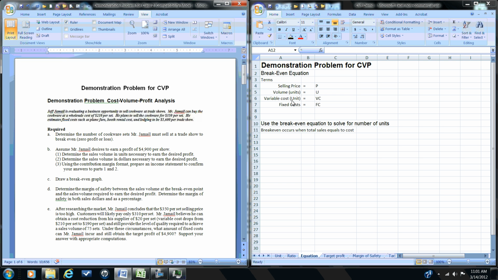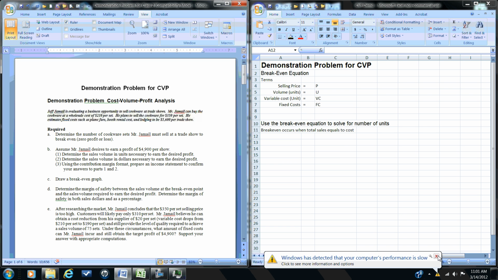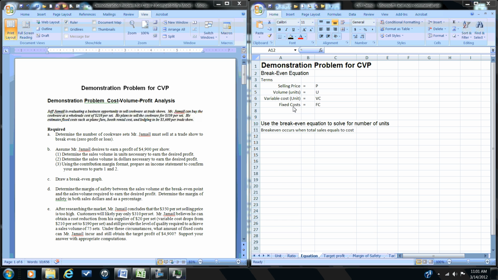Our variable cost is variable cost per unit, and we will signify that by the term VC. Our fixed costs are in total, not by volume, and we will designate that as FC.